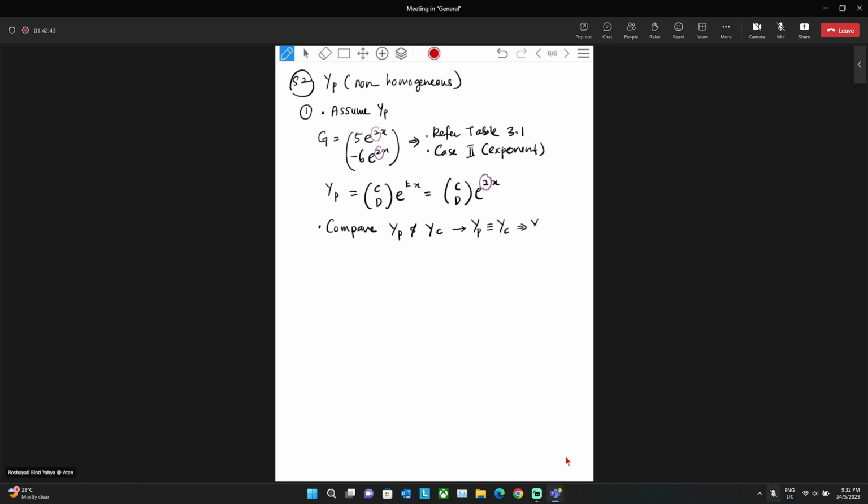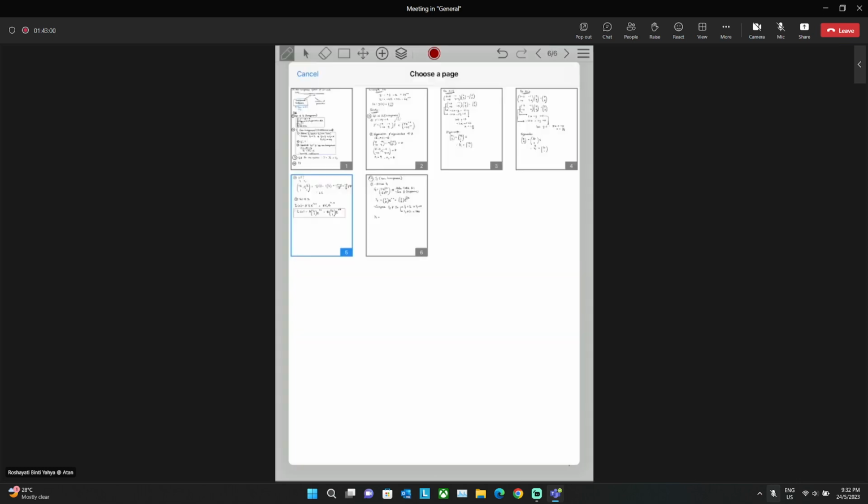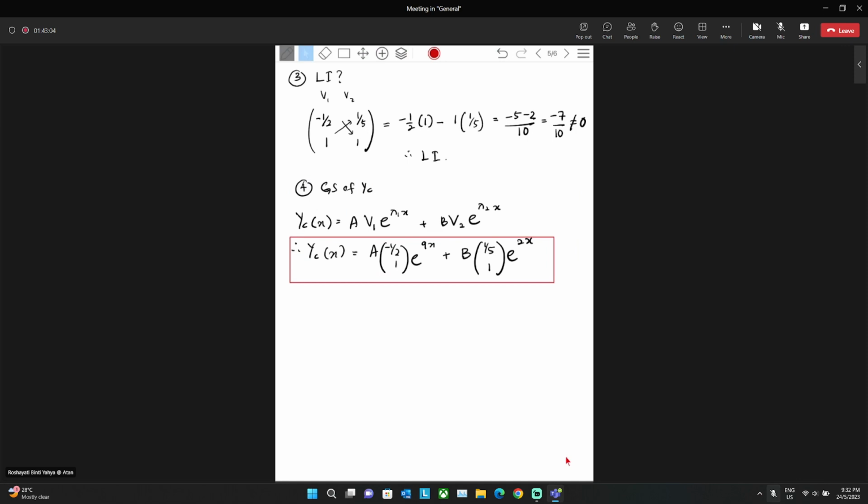Okay. Stop and take that value as your YP. Here, so that you have YC just now berapa? So YC, you have YC equal to, check back your YC. Okay. You have constant and then exponential function. You have constant and exponential. Okay.